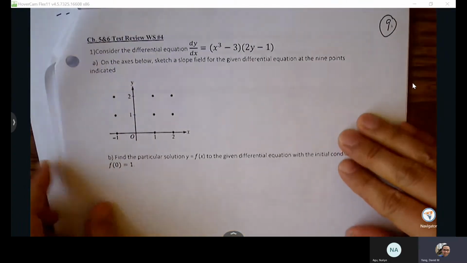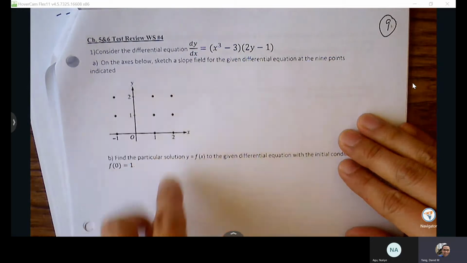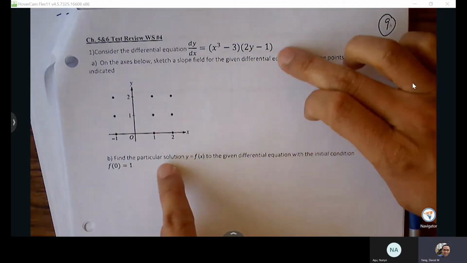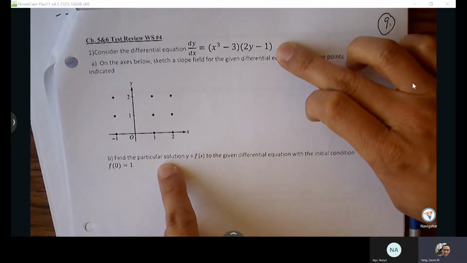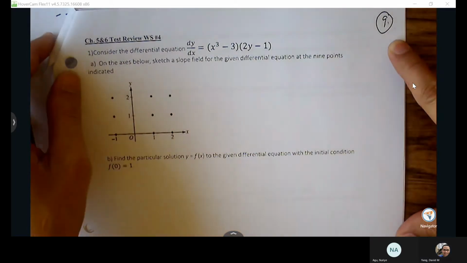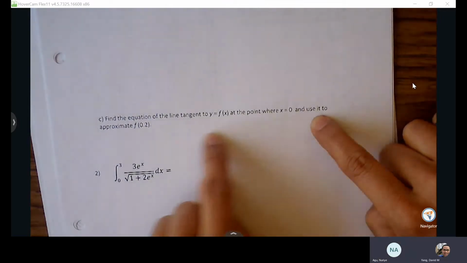If you go to page 9, let's look at worksheet 4. So differential equation, slope field, create differential equation, specific and particular equation. Do you have this packet in front of you? Yes. And then find the equation with tangent line.